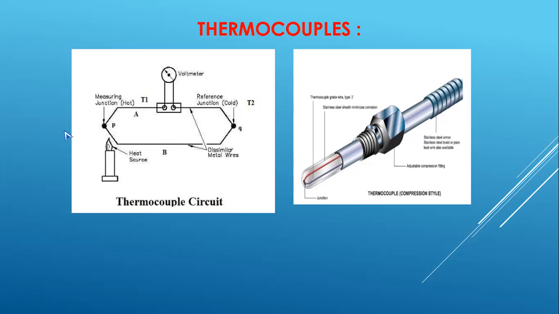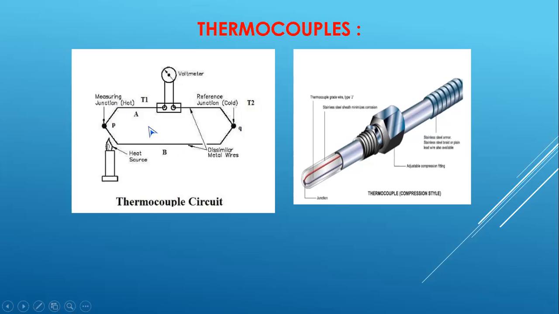So make two junctions, one hot junction and one cold junction, connected by conductors of thermocouples made from different metals. That is, metal A is made from copper alloy constantan, and B is made from silver.